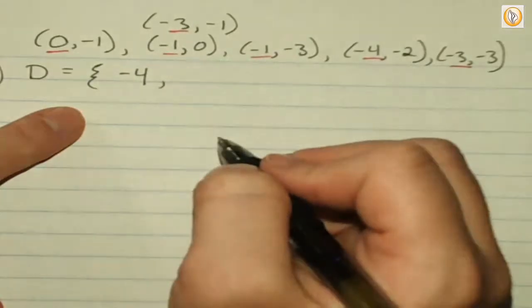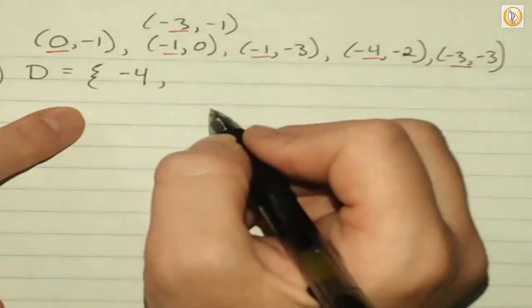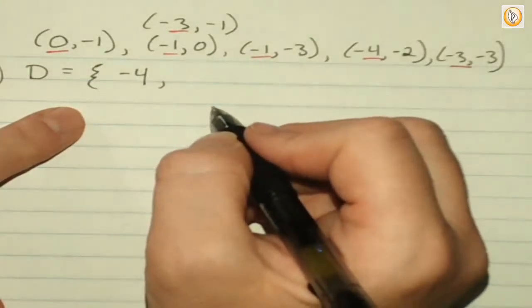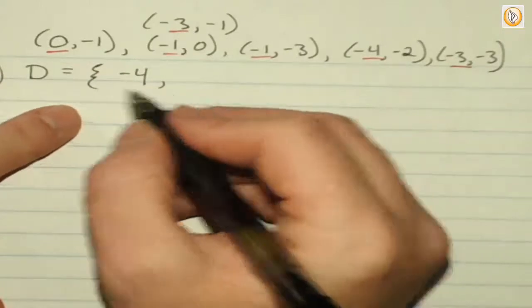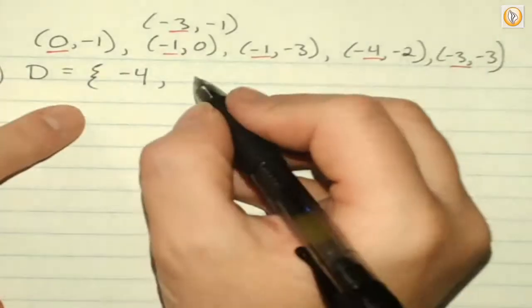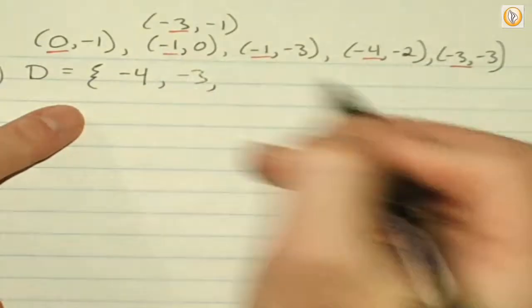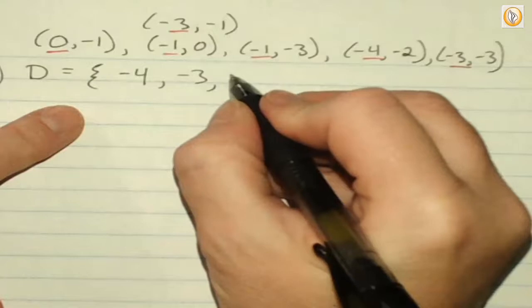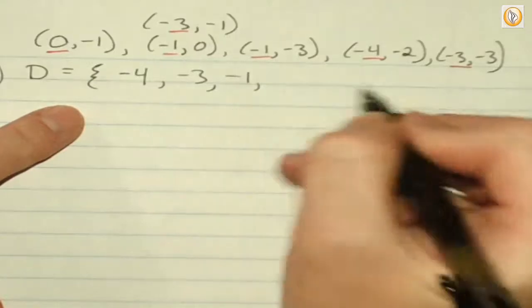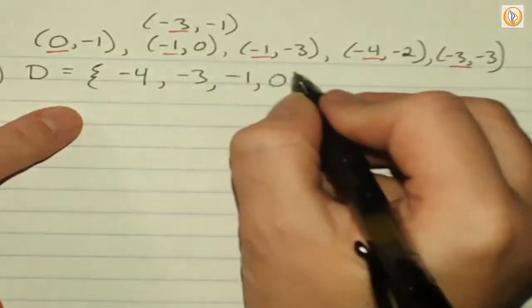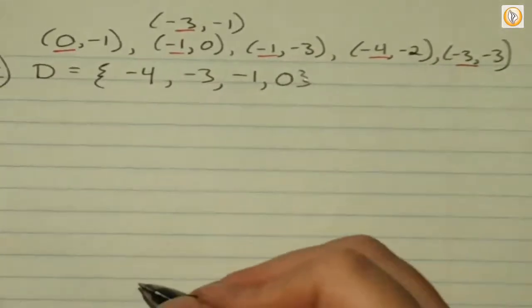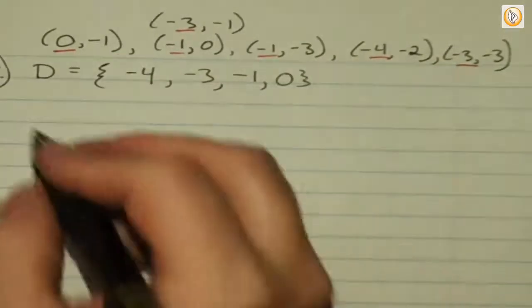What'd be next? Are you supposed to put a little parentheses thing? No, because we're not doing ordered pairs, we're just writing the domains. So what would be next? Negative 3. All right, and then? Negative 1. Okay, then? 0. Very good. There's one of your answers. See why it's good to put the ordered pairs down?